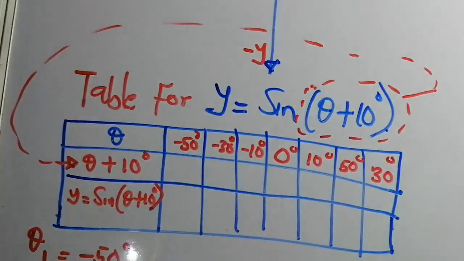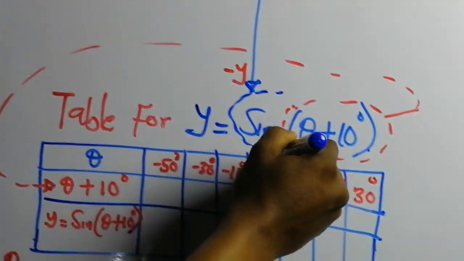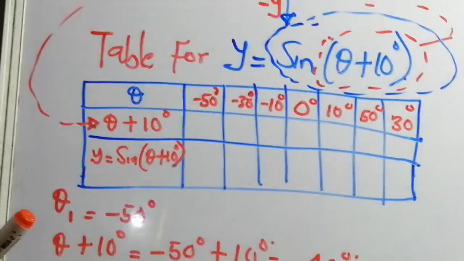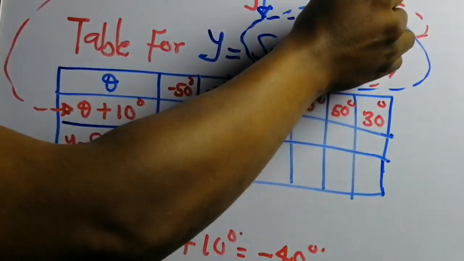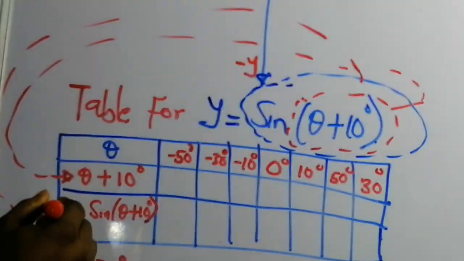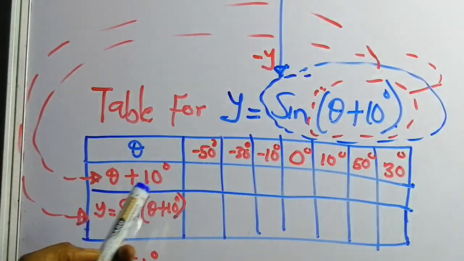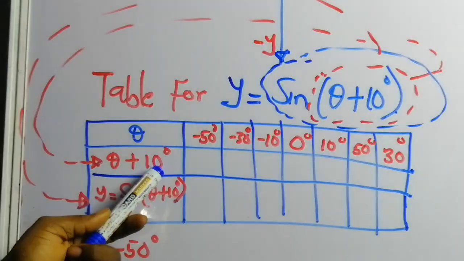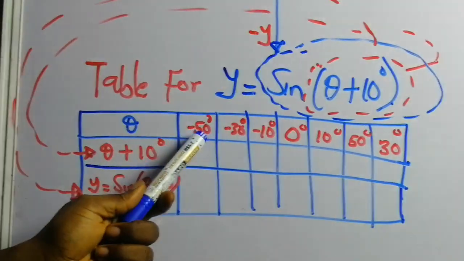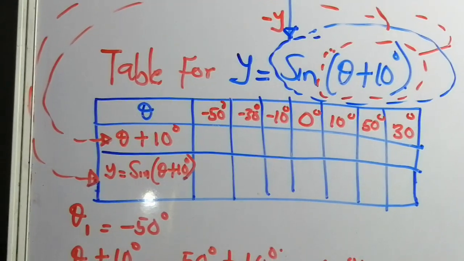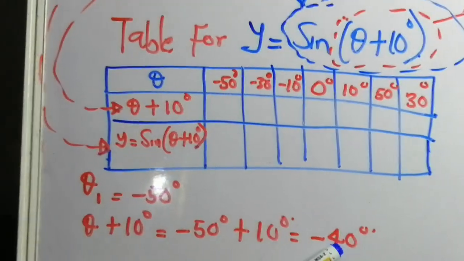Then second, you will pick the whole of this, which is my y, and that is what I'm showing here. So for the first one, theta plus 10 degree, when my theta is minus 50, minus 50 plus 10 equals minus 40 degree.